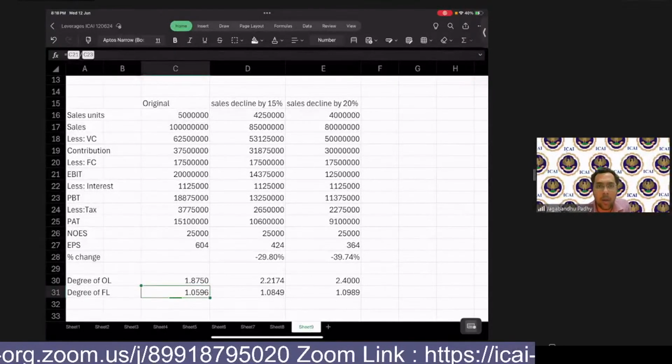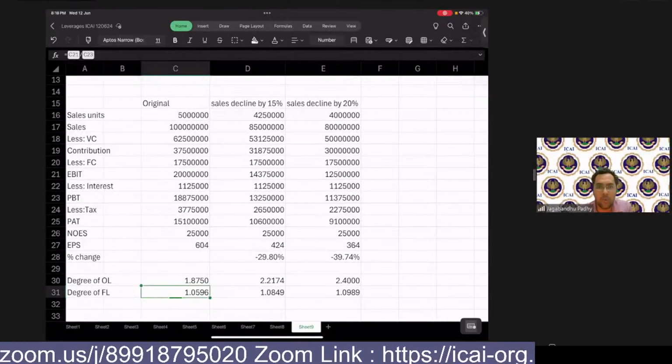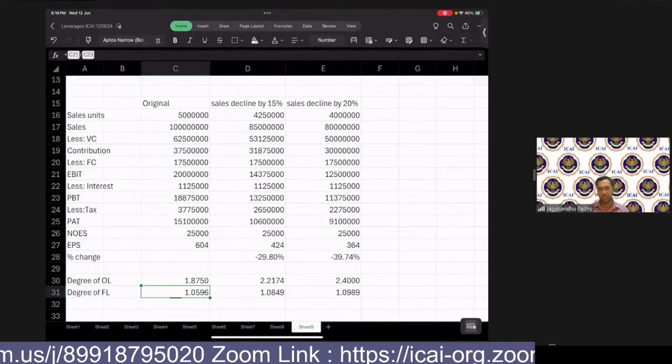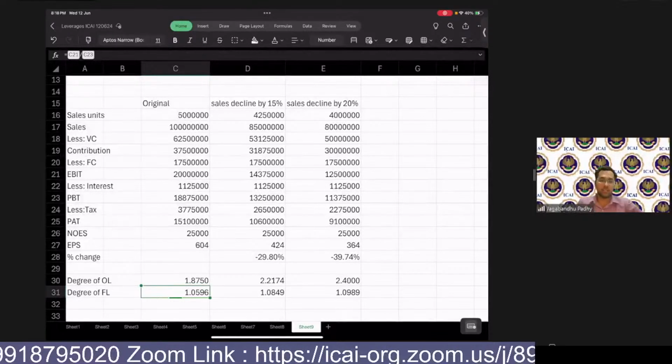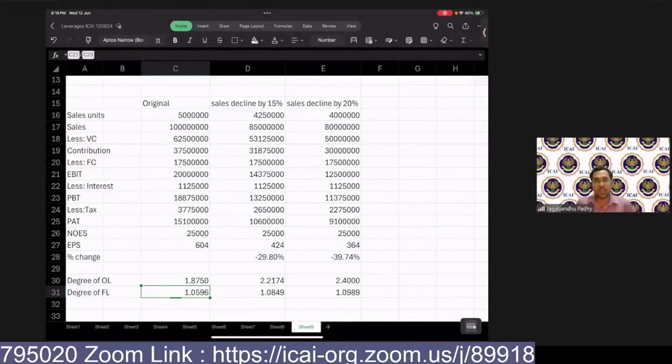Okay. Kiran is asking to explain what is positive financial leverage and negative financial leverage. If financial leverage is in your favor, then you will say it is positive. When it is not, then it is negative.